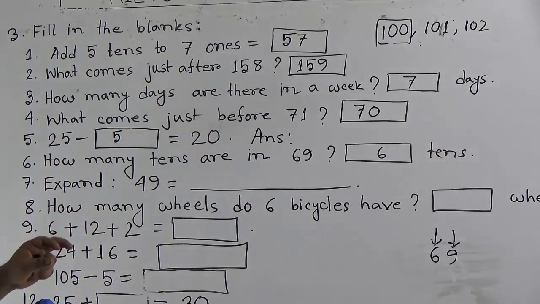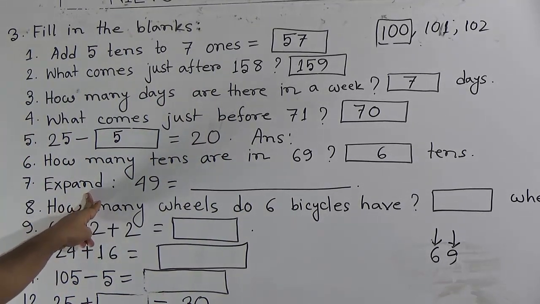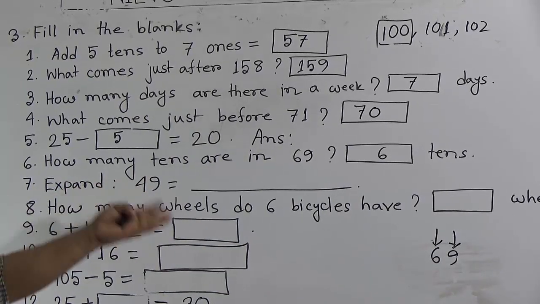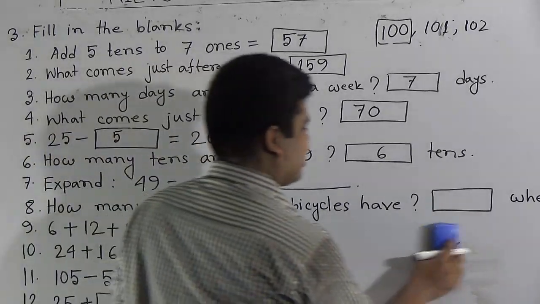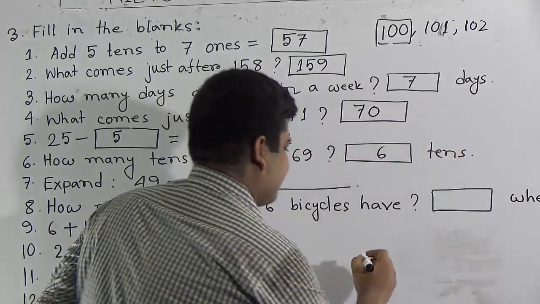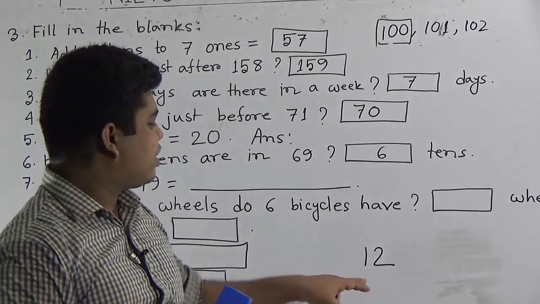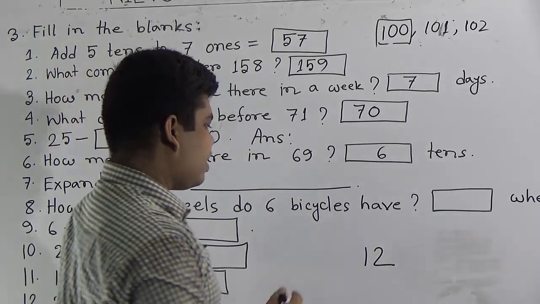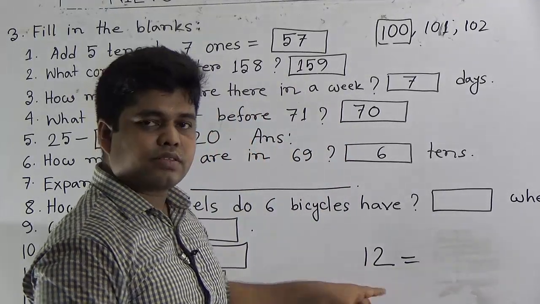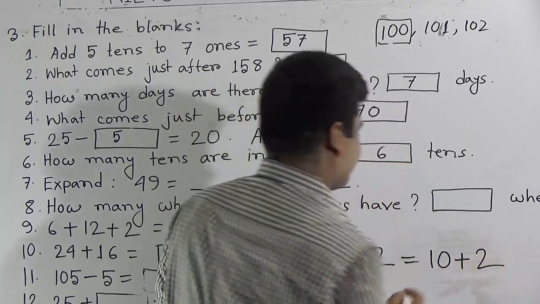Now we shall learn a new topic, expanded form. Suppose that 12 is a number. How can we get 12? 12 means 10 plus 2.